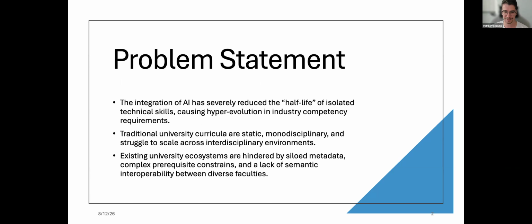So we just get right to the problem statement. The problem is that the universities and their study programs, at least in Czech Republic, tend to fall behind even faster, and the gap with AI is getting bigger and bigger.